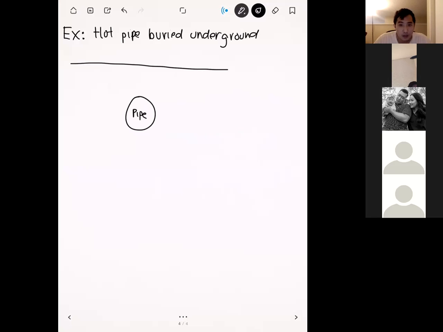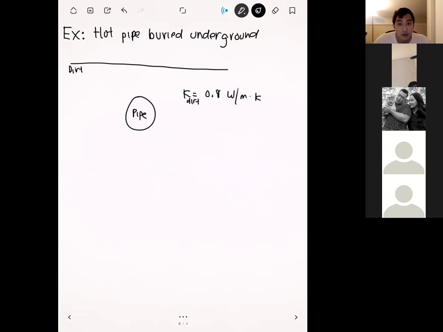And so let's put some numbers on this. Let's say that the earth surrounding the pipe has a thermal conductivity of 0.8 watts per meter K. This is the thermal conductivity of the dirt that's surrounding the pipe. So out here we have dirt.